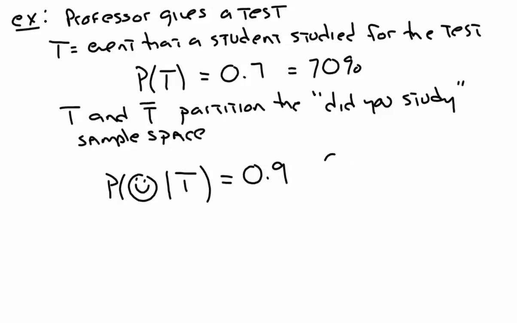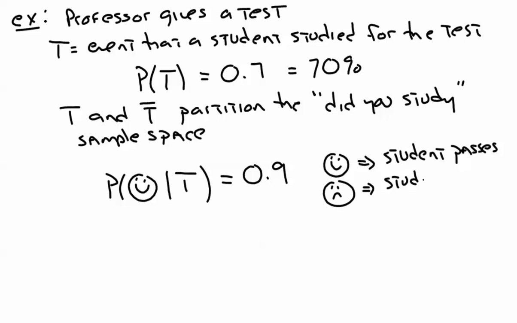This is the event that the student passes, and this is the student fails. The professor has also observed that the probability that a student passes given that they did not study is only 5%.